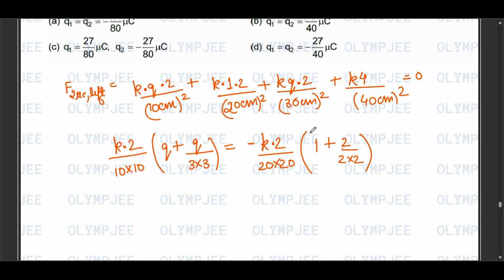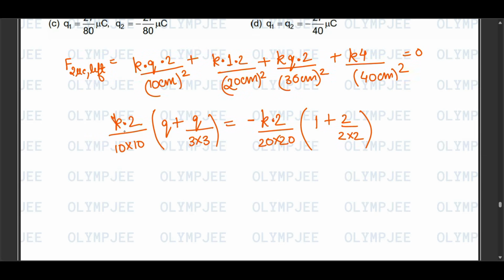Cancelling out the common terms, 10q by 9 is equal to minus 1 by 4. This is half, so half plus 1 is 3 by 2.